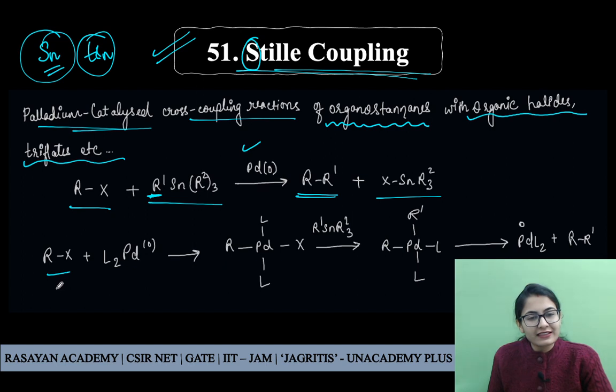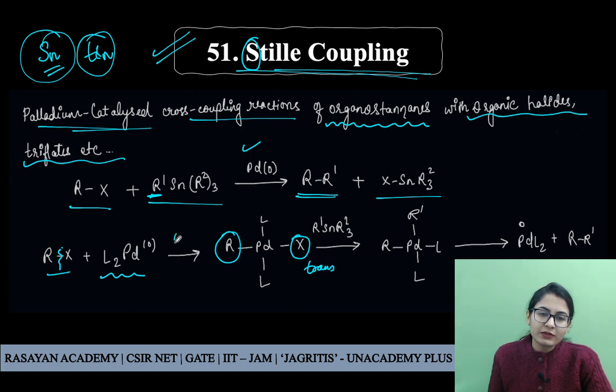So there is RX, palladium doing the oxidative addition in between this bond over here. There is what you get. Now this is your transmetallation step. This was oxidative addition, transmetallation, thik hai, where your R1 got connected to palladium in the replacement of X.